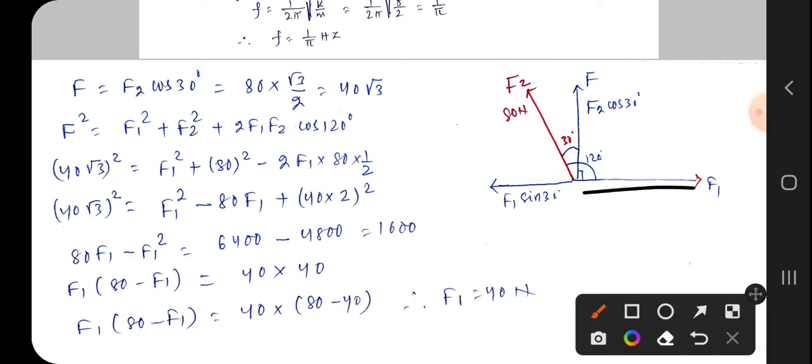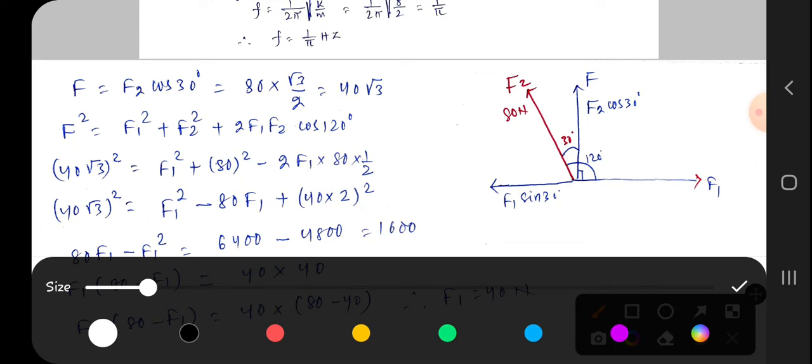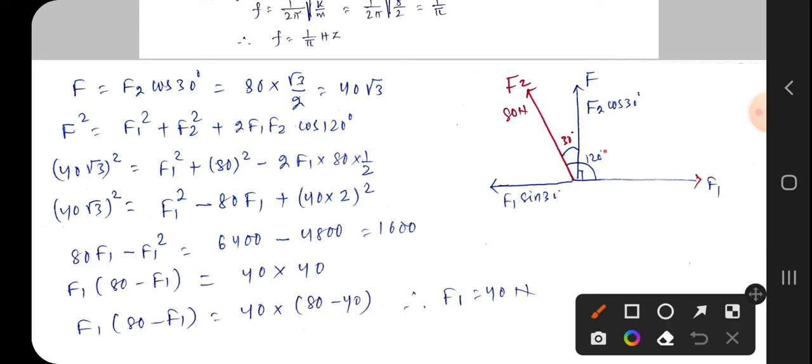This is the force F1 and this is the other force F2. The angle between the two forces is 120 degrees. F1 is the smaller force and F2 is the greater force. The resultant makes an angle of 90 degrees with the smaller force, and this is the resultant force F.